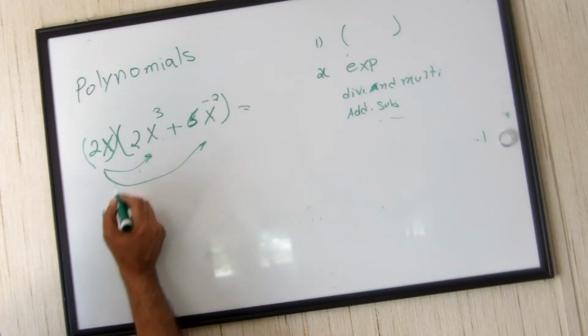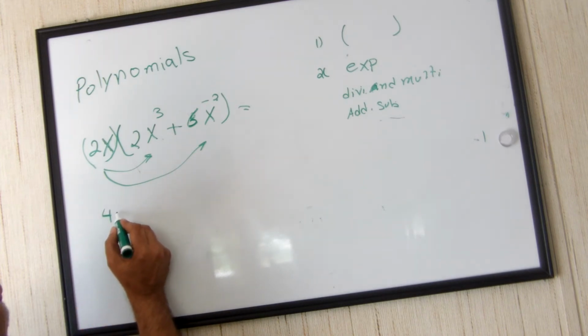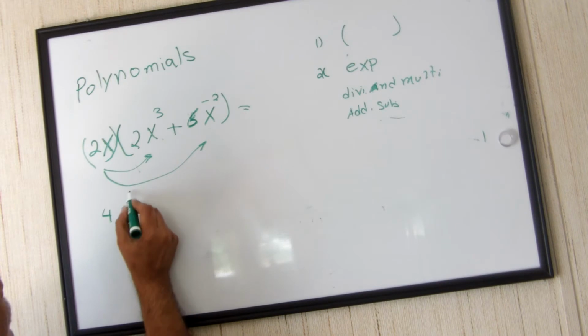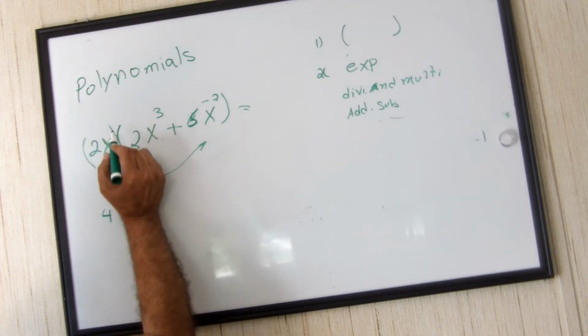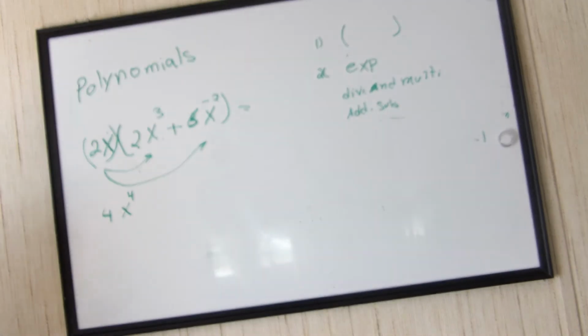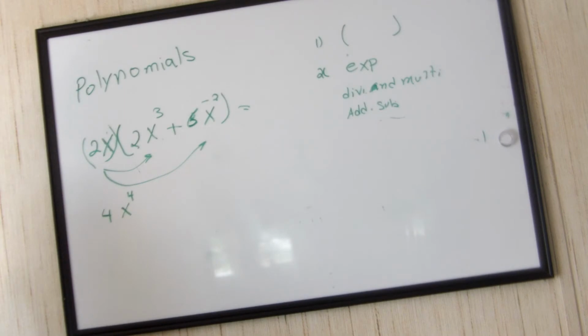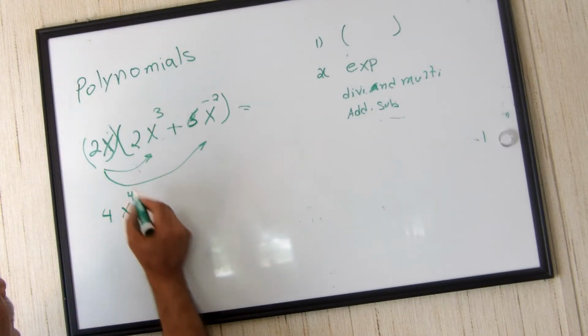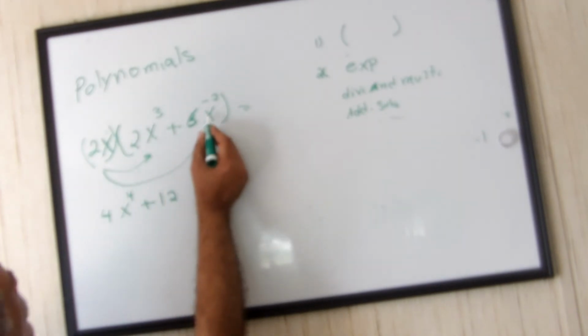So 2x times 2x to the power of 3 is going to be 4x to the power of 4. The x has an exponent of one, and when the bases are the same, we add the exponents together. Then we say plus 12. We have x to the power of 1 and x to the power of minus 2.